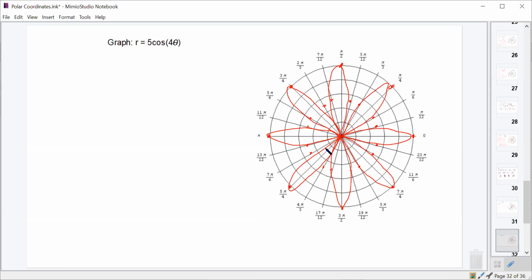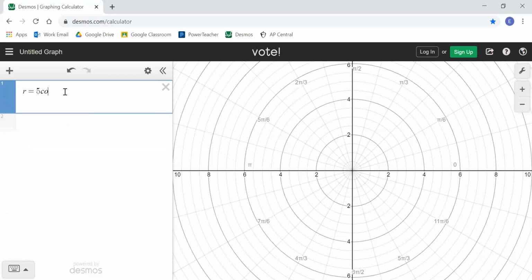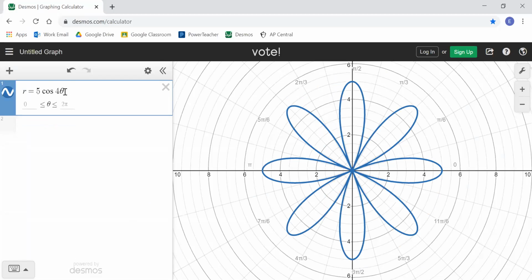It's like maybe 55% bad. Wow, thanks. That's really unkind of you. I'm feeling very sad now. No, that's not true. There it is, 5 cosine 4 theta. Desmos makes it look a lot prettier than mine does. Good or no?